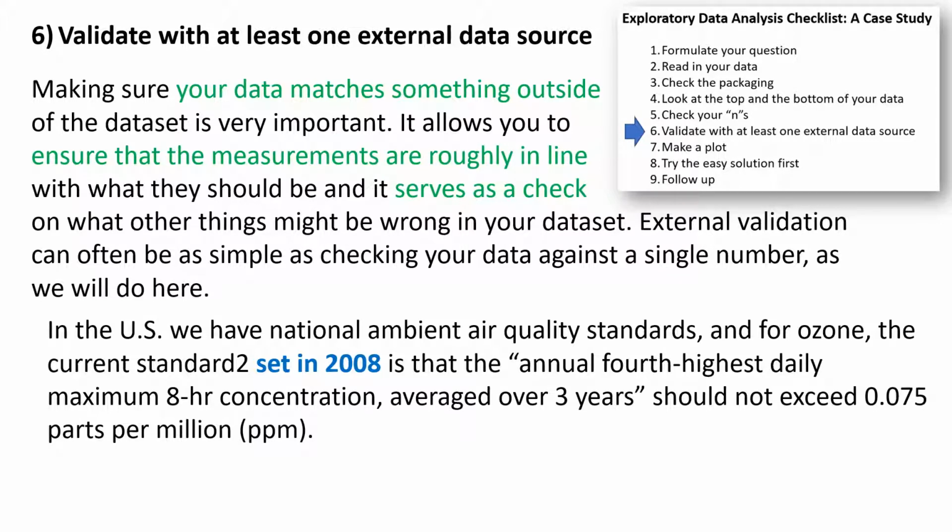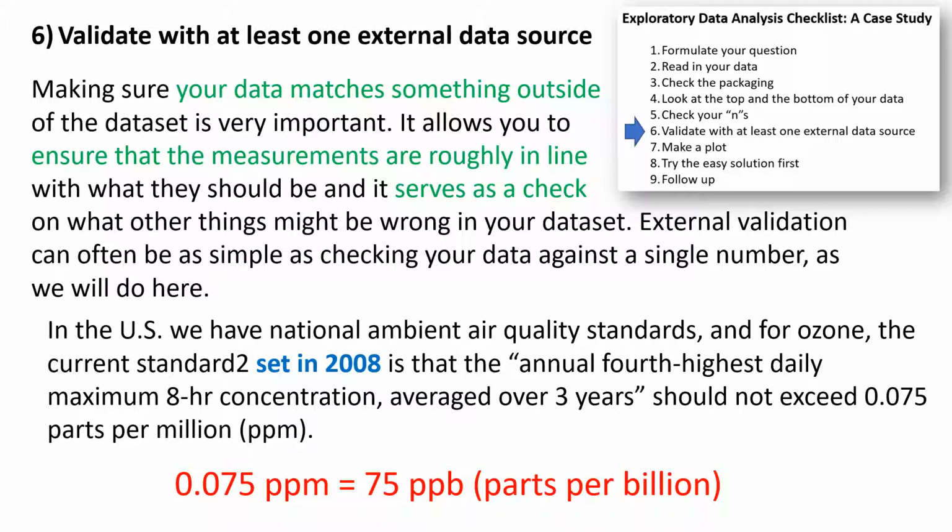So in order to compare these values, we need to change our 0.075 parts per million into how many that represents in parts per billion. We would take the 0.075 parts per million and multiply it by 1,000, and that gives us 75 parts per billion.